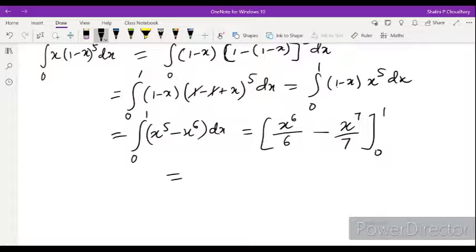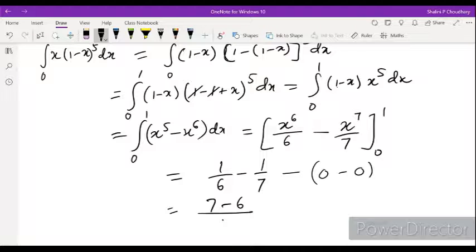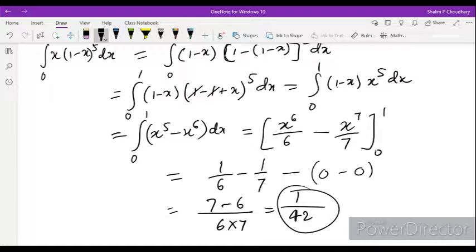So it will be 1 upon 6 minus 1 upon 7, and minus we'll put the value of x is equal to 0, so both will be 0. Okay, so 7 minus 6 divided by 6 into 7, that will be equal to 1 upon 42. So 1 upon 42 will be the answer.